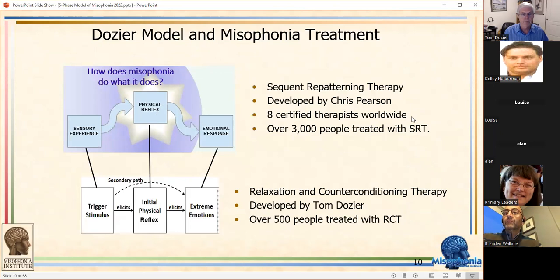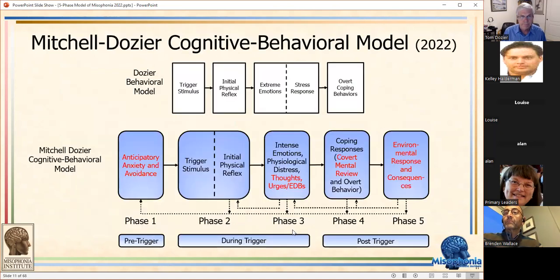This is being provided by about 8 therapists worldwide. And there've been over 3,000 people who've received treatment using this model that recognizes that there's this physical reflex. I call it the initial physical reflex. And I've worked with over 500 people personally.